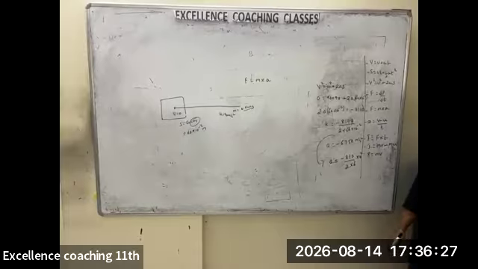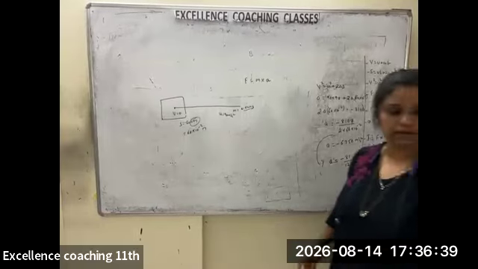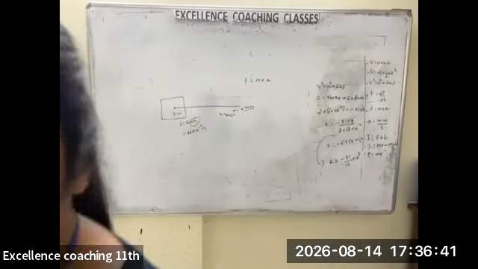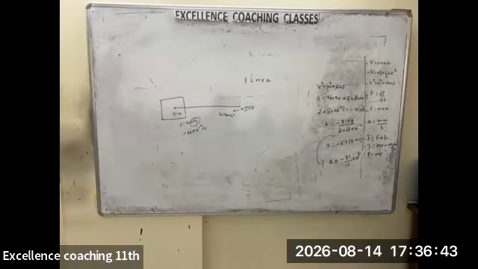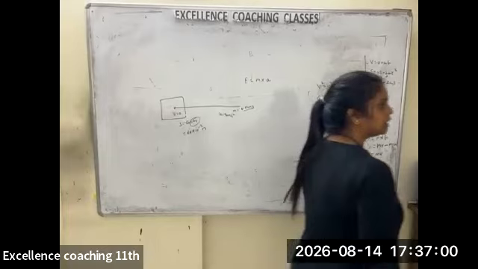So you can basically do this as minus 81 upon 12 into 10 raised to 3. Just divide 81 by 12 and tell me what answer you are getting. 6.7 something you will get.